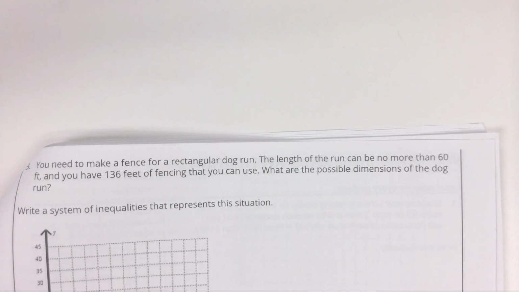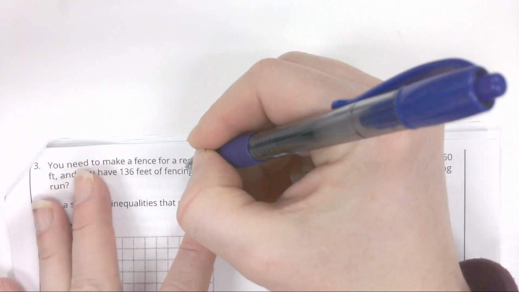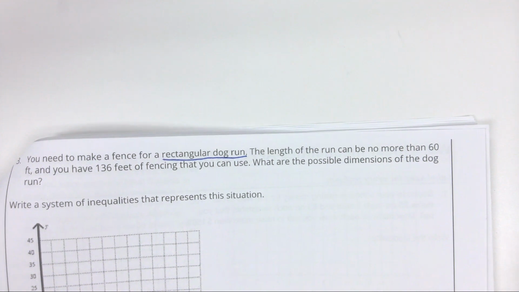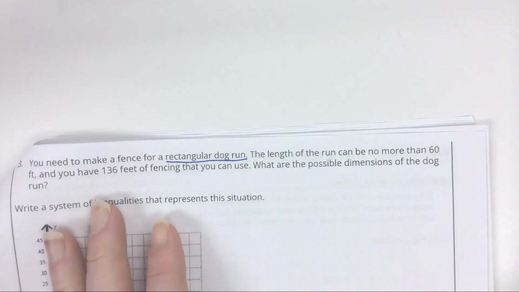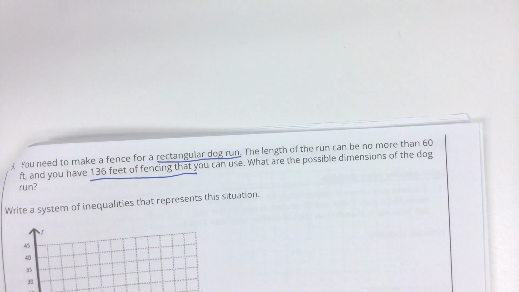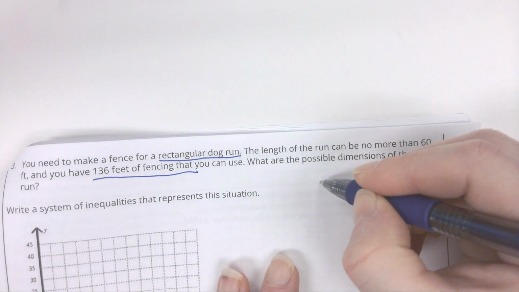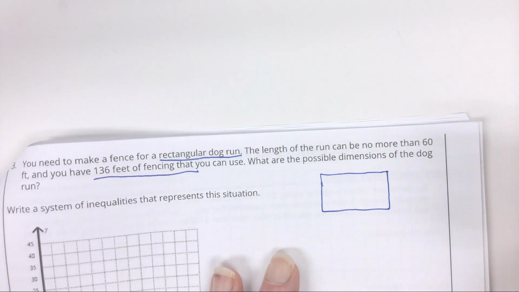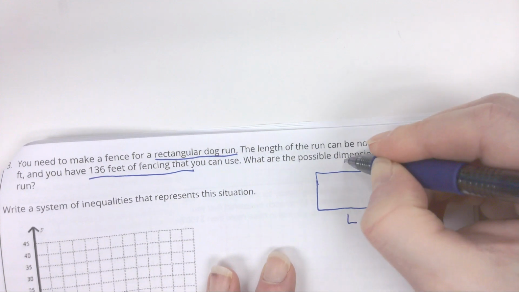You need to make a fence for a rectangular dog run. The length of the run can be no more than 60 feet. And you have 136 feet of fencing that you can use. So this goes back to rectangles. And you guys remember how we have a length and we have a width?